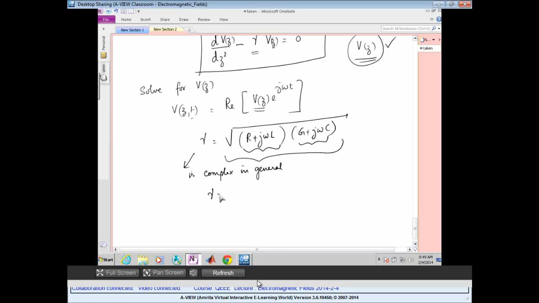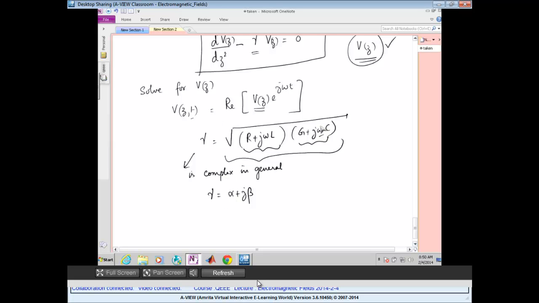I could write this gamma as, say, alpha plus j beta. For a given transmission line, you would have a certain resistance, inductance, capacitance, and conductance at a certain frequency.